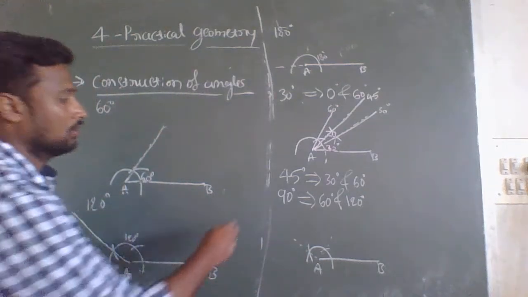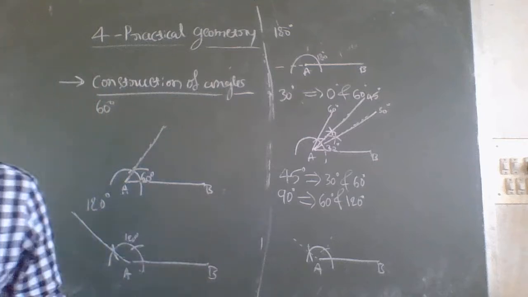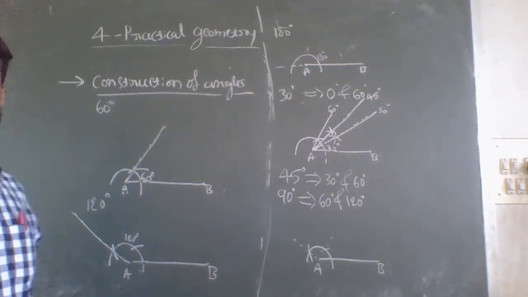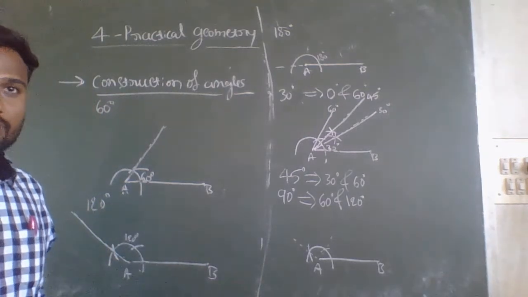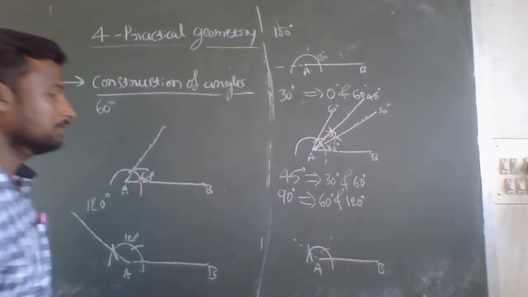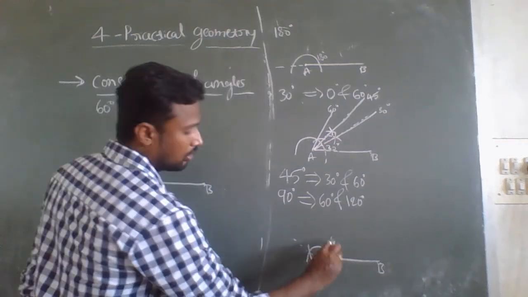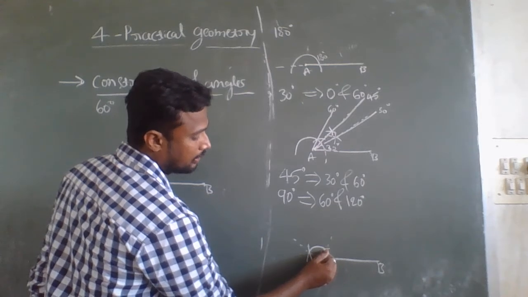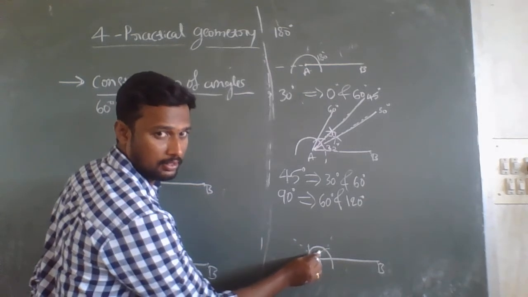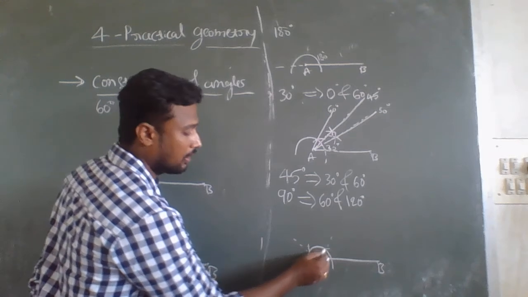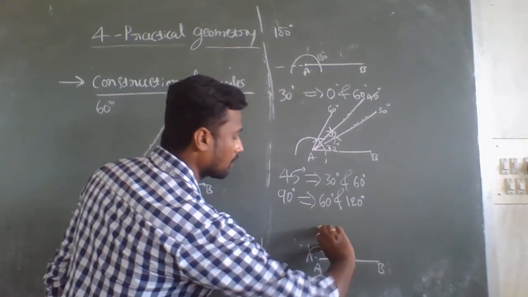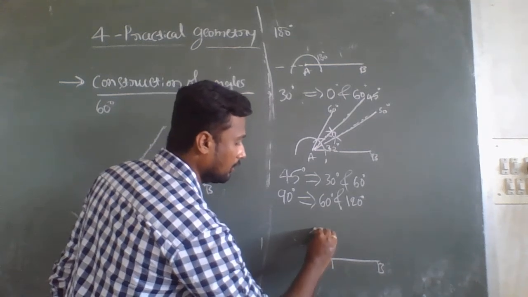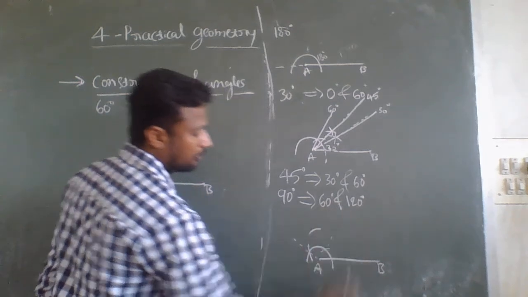Now we are constructing 90 degree. To construct 90 degree, what we can do? So here I will keep the compass on the 60 degree intersected line, and draw an arc like this. So here we will get the arc.